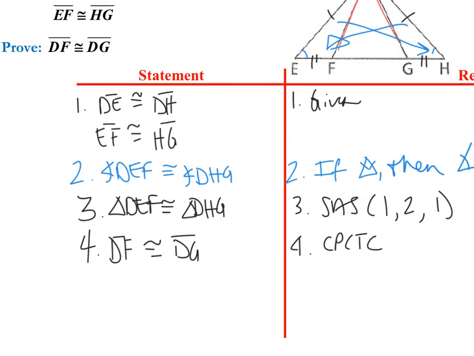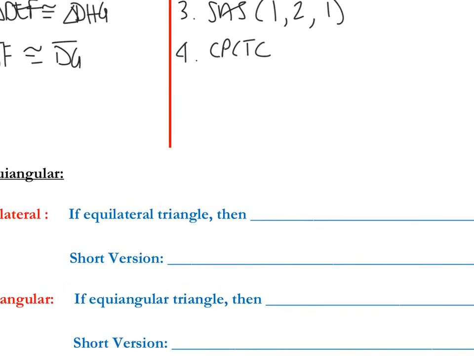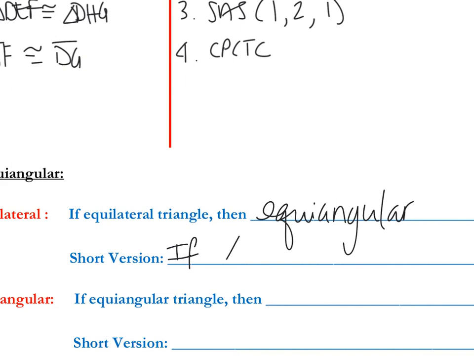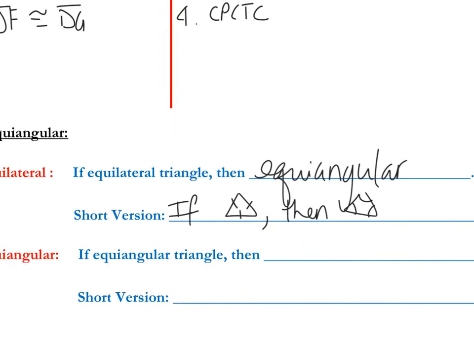Okay, I kind of brought this up earlier, that if equiangular, then the triangle, or excuse me, if equilateral, then the triangle is equiangular. And the shorthand version, again, is with diagrams. So if equilateral, then equiangular.